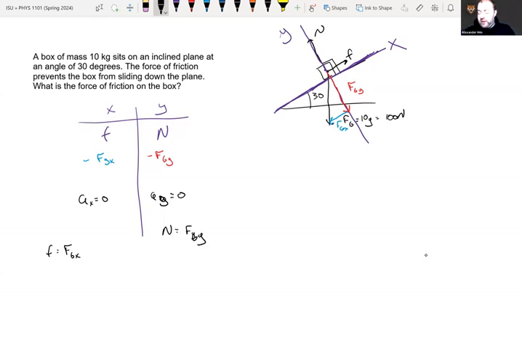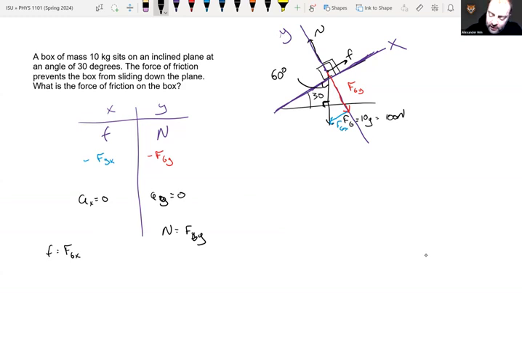Now, how do we find what those are? Well, you need to do a little bit of geometry here, but we know this angle labeled is 30. We also know that gravity makes a perpendicular with the horizontal, which means that according to the rules of triangles, that angle right there has to be 60 degrees. Okay?